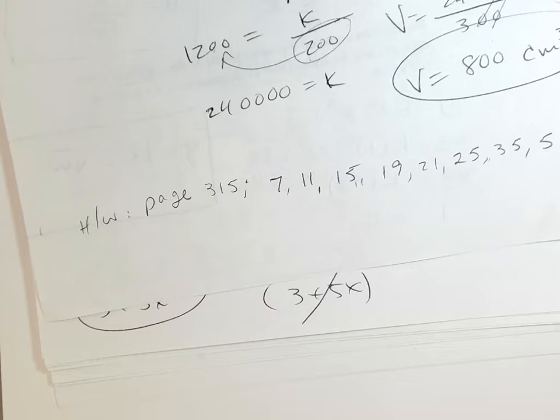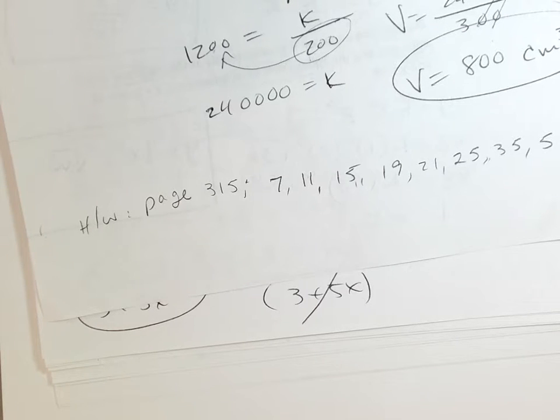Y varies jointly, okay, jointly as x and the square root of z, okay? X and the square root of z. So I've got an x, square root of z, there's my k. When x is 2, z is 25, and y is 100.